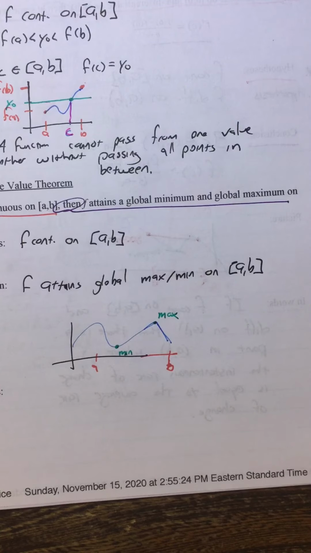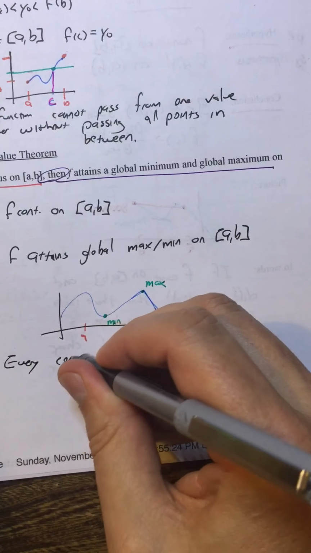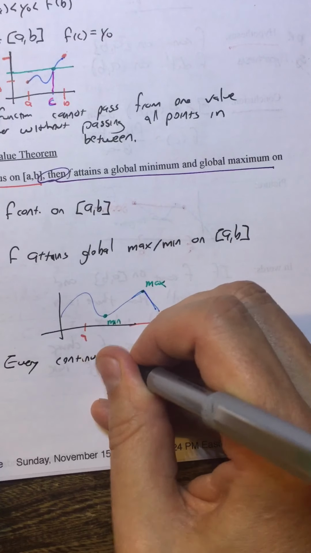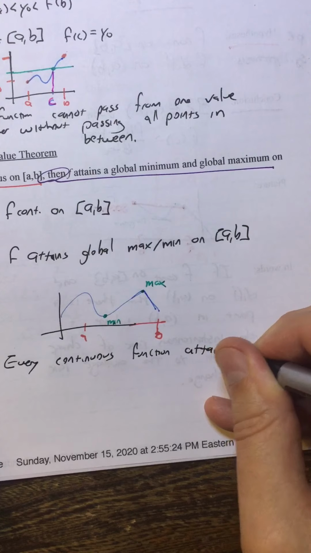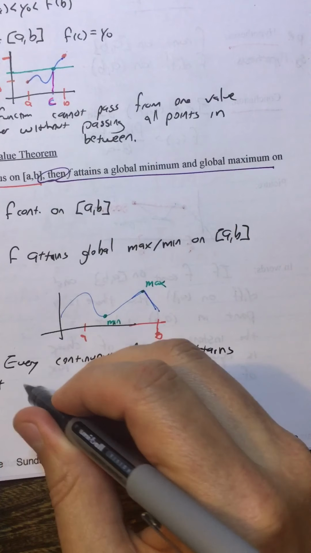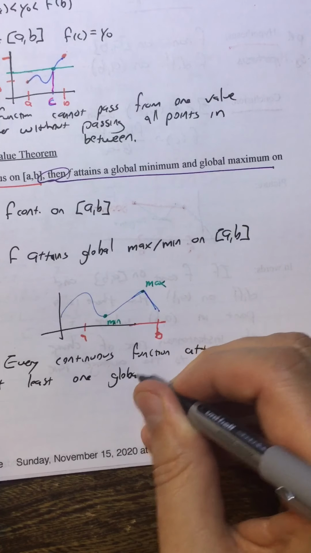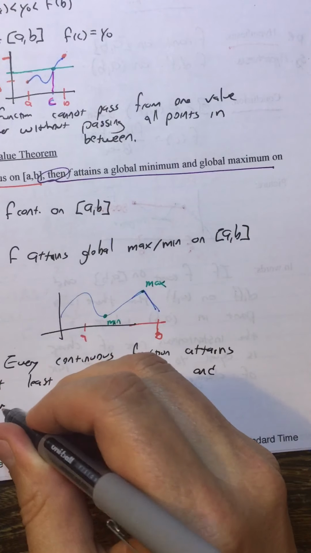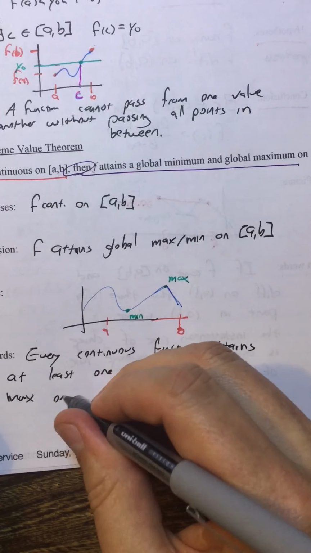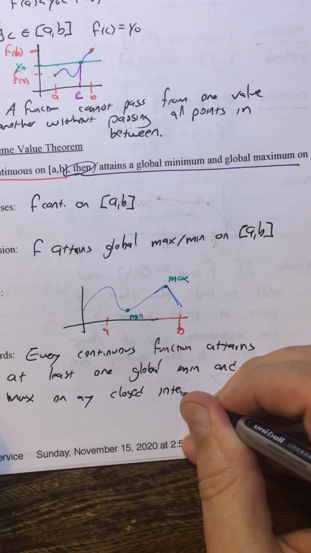So in words, every continuous function attains at least one global min and max on any closed interval.